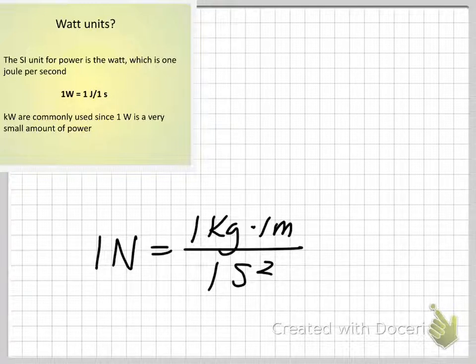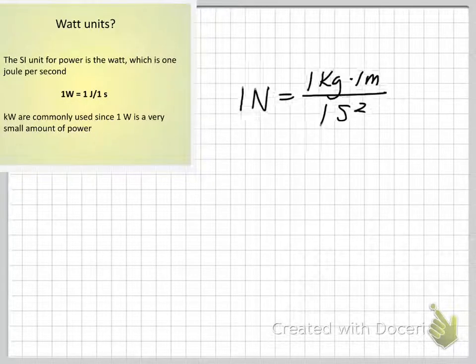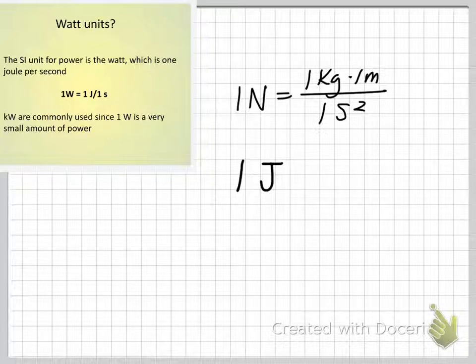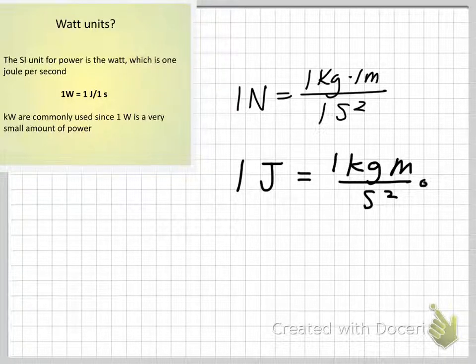Well, we said that 1 joule is equal to 1 kilogram meter per second squared pushed for a meter. So taking that 1 kilogram mass and accelerating it at 1 meter per second squared over the distance of 1 meter. And you know what 1 meter looks like. You've handled meter sticks.